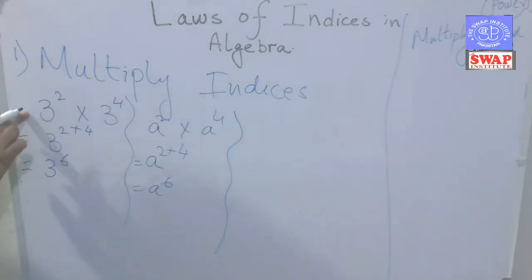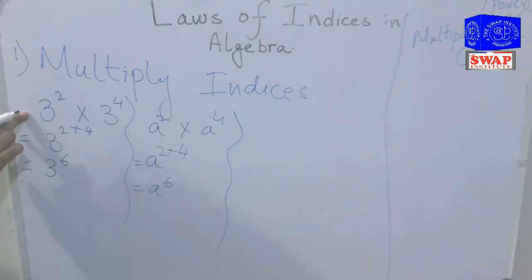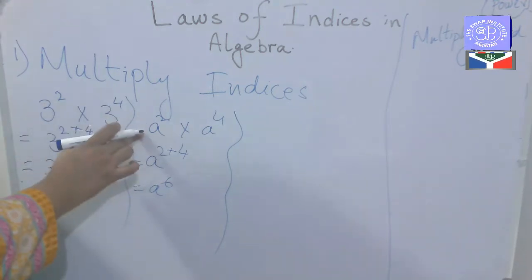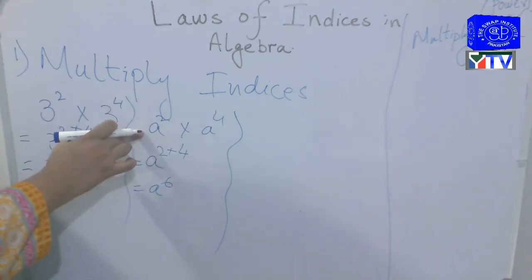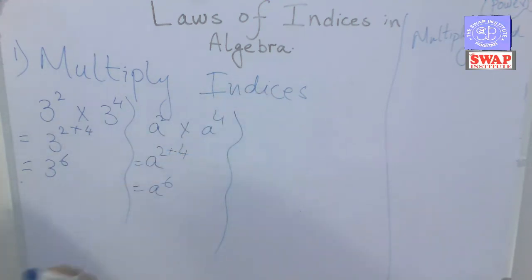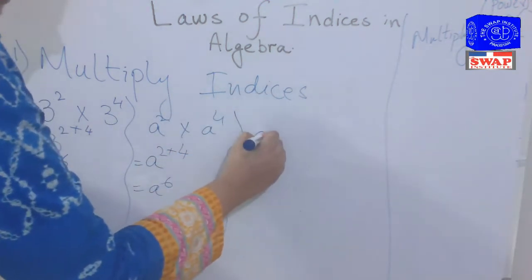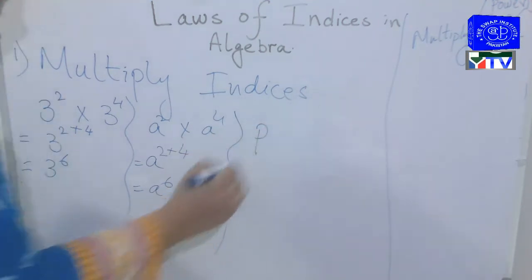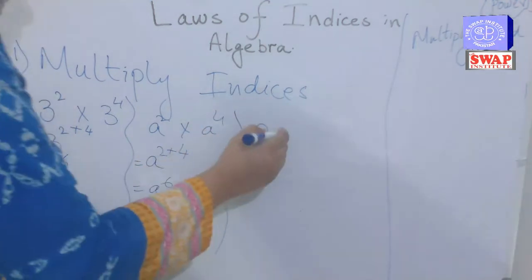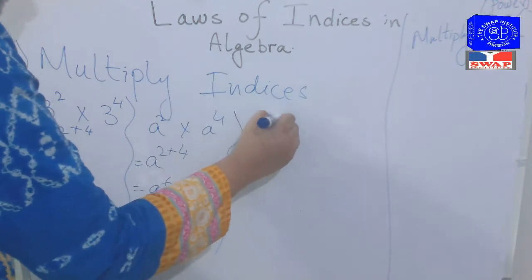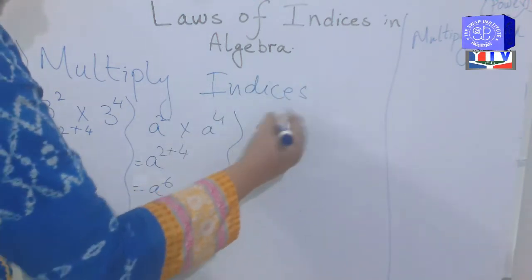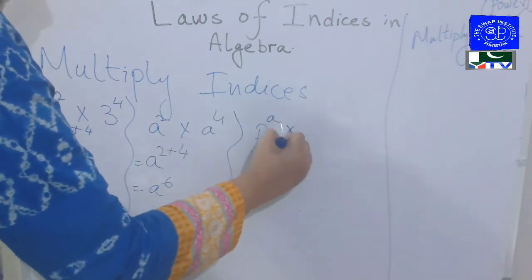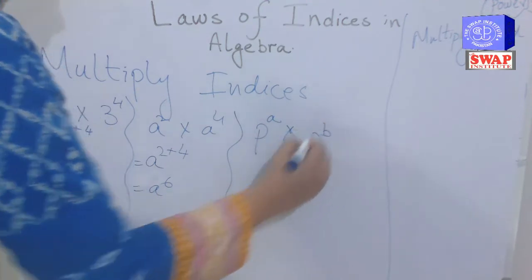Over here we have a number as a base, and in this we have an alphabet as a base. In our third example, I will write p as a base, and the power will also be an alphabet: p to the a multiplied by p to the b.